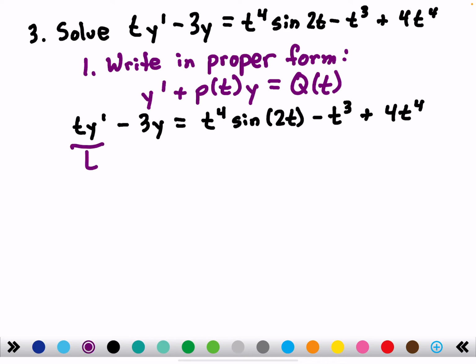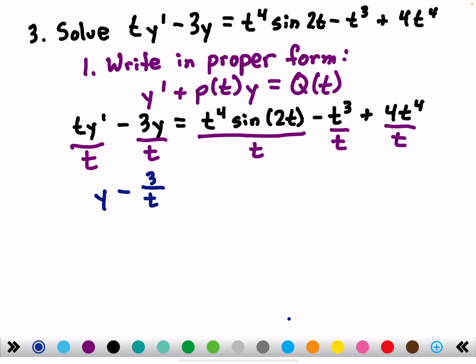So we'll divide every single term on both sides of the equal sign by t. So t over t y prime is just y prime minus 3 over t times y. T to the fourth divided by t would be t cubed sine of 2t.